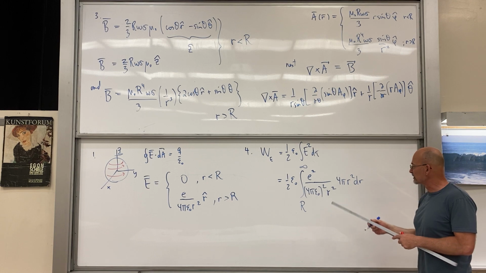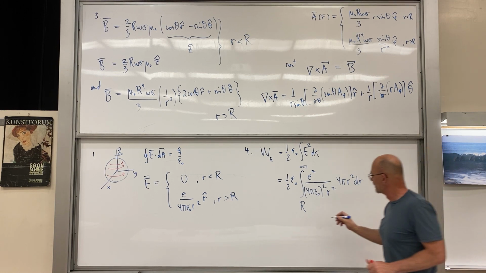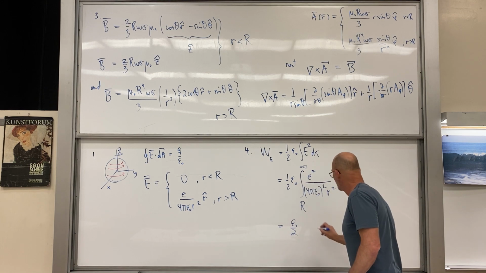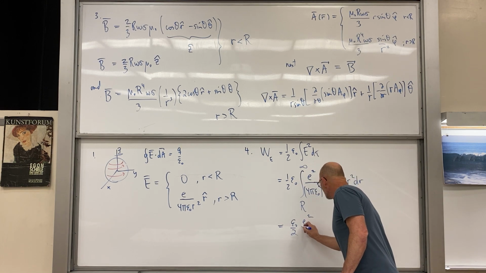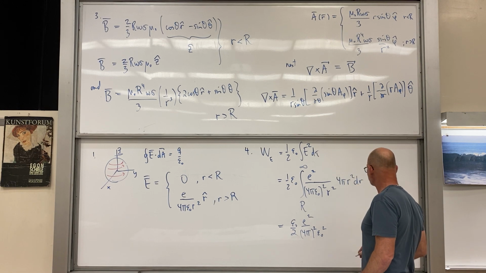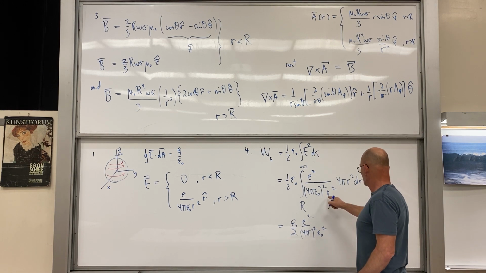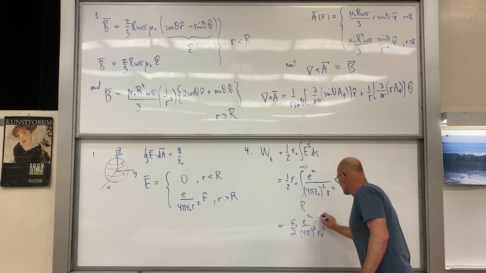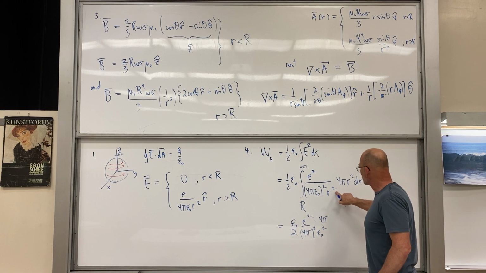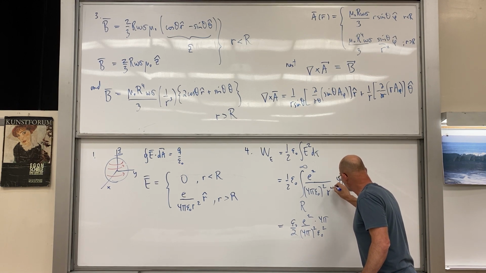That should give us the electrical component. And we've got epsilon naught over 2, e squared over 4 pi squared epsilon naught squared, and we've got another 4 pi. This r squared should have actually been to the 4th.